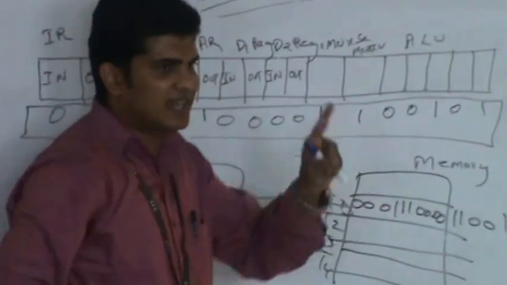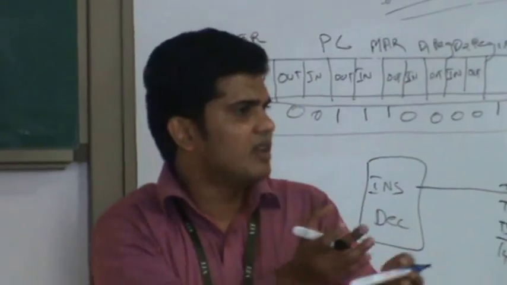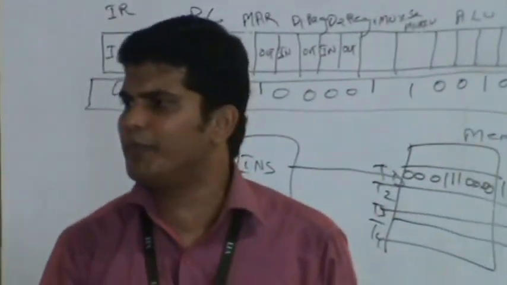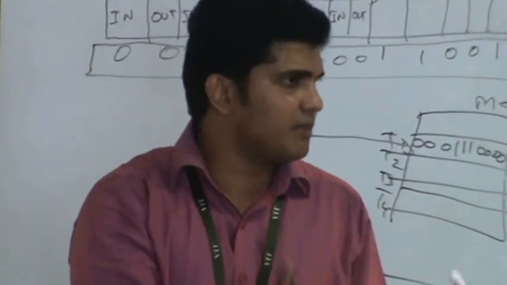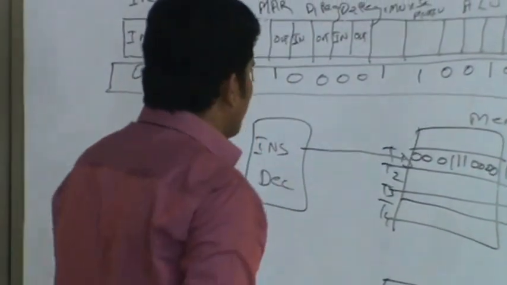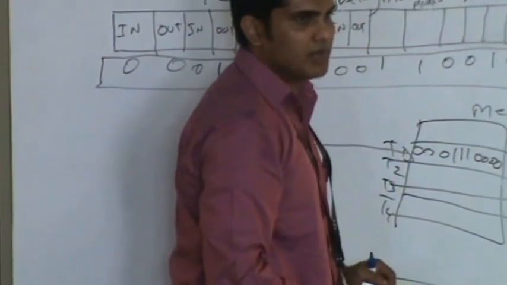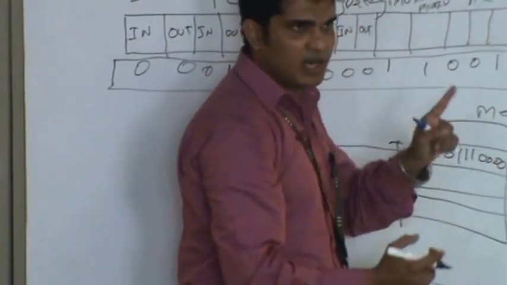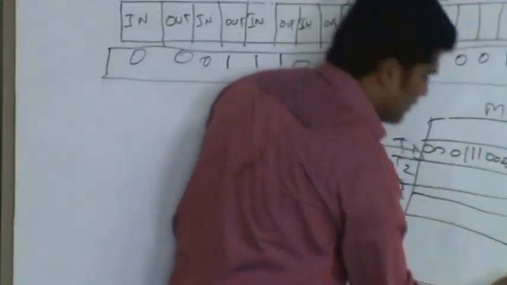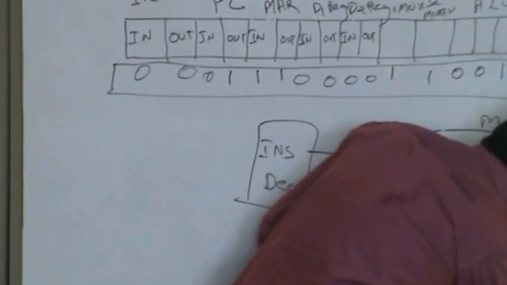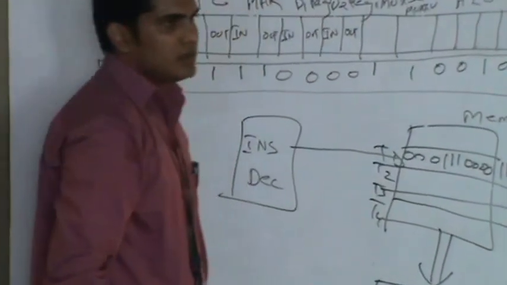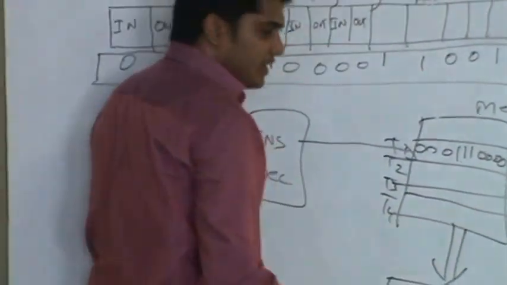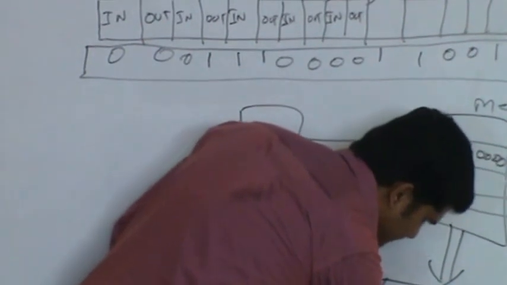Because memory, as we told initially, we cannot store and retrieve one bit at a time. For that what we do? We go for 8 bits together, 16 bits, 32 bits to make up one word. So we will be accessing the memory in terms of words. So here we are selecting one word from a group of a number of instructions, and because we are selecting one word, it is called a micro word.